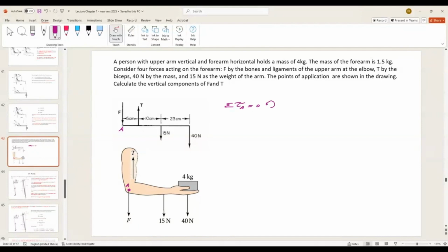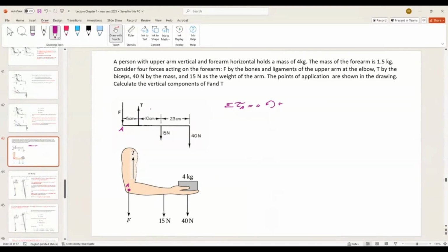I will be taking positive the torques that are counterclockwise. Now, to find the torque with respect to point A, I will analyze what is the arm of each force, right? I will use meters. Really, it doesn't matter in this case, but I would prefer always to use meters because they are the units of the international system.